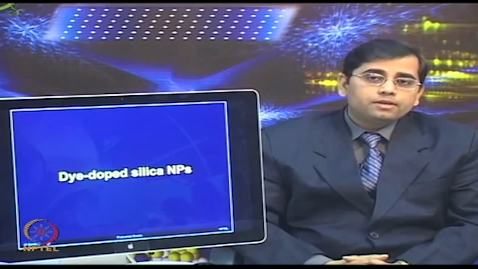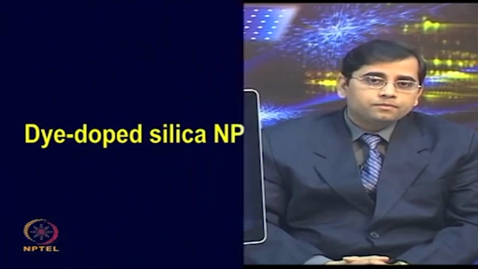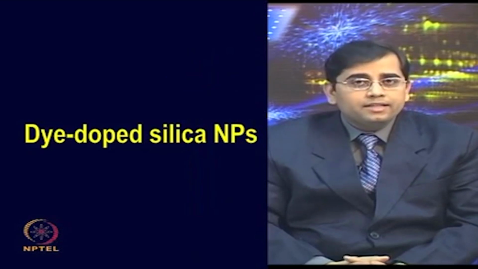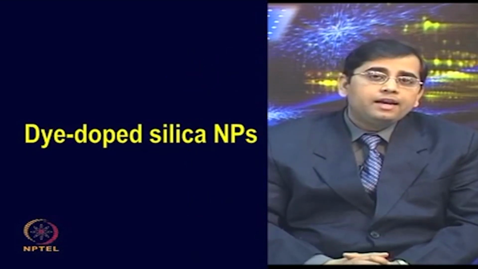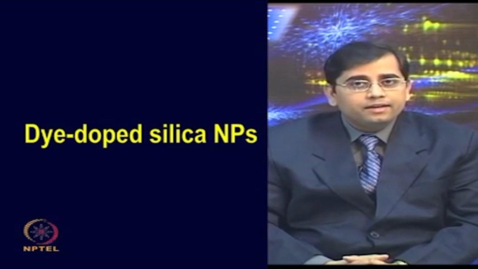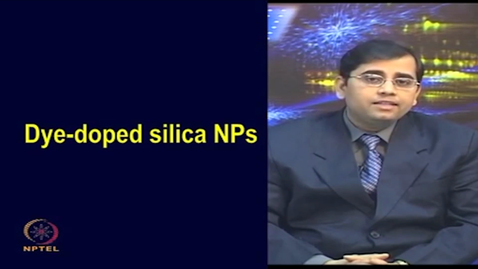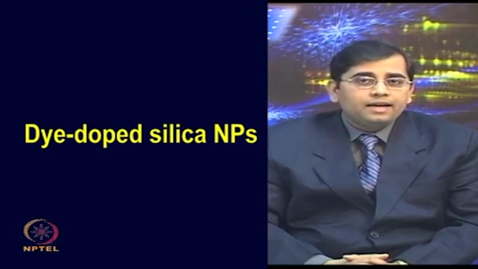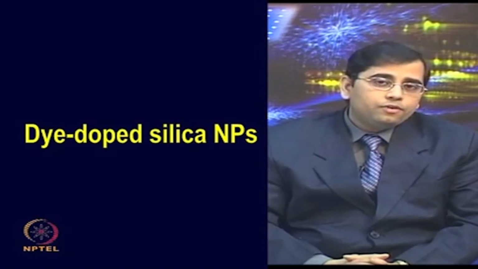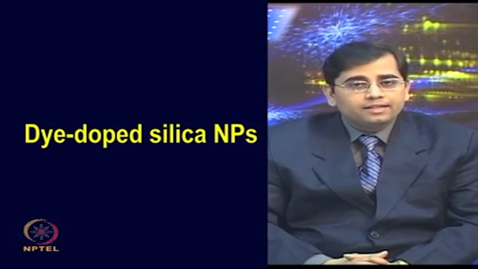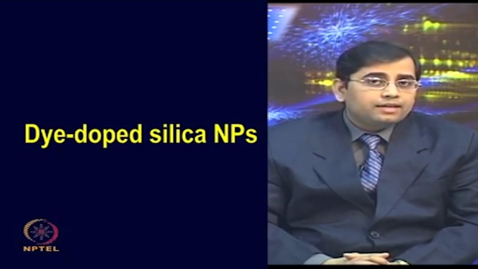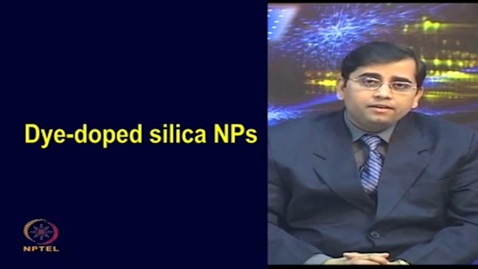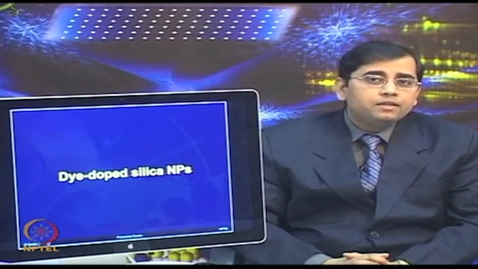Let us now start discussing dye-doped silica nanoparticles. The silica based nanomaterials, which have a large quantity of fluorescent dye packed inside the silica matrix, have the ability to selectively tag a wide variety of biologically important targets such as cancer cells, bacteria, as well as many other biological samples.